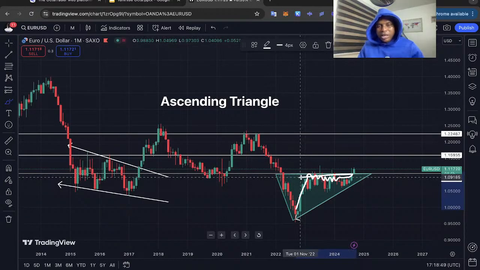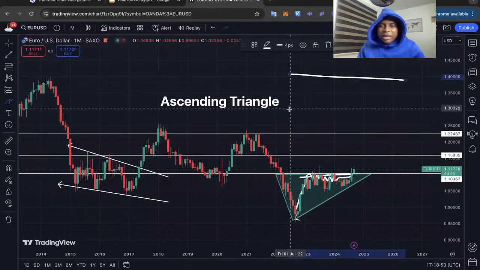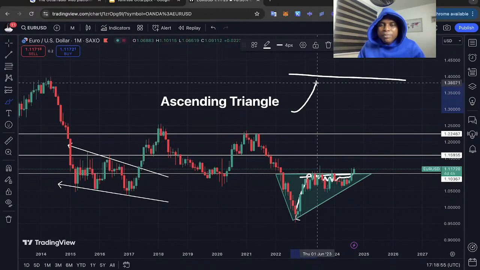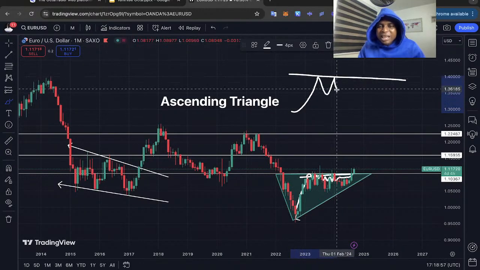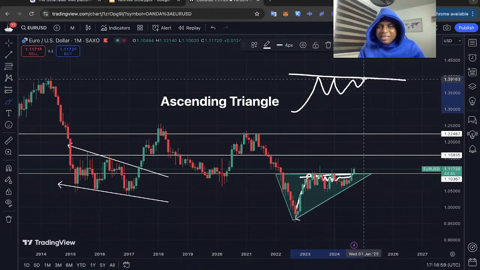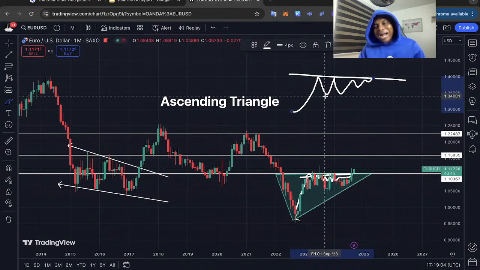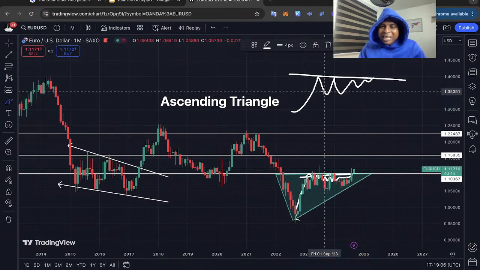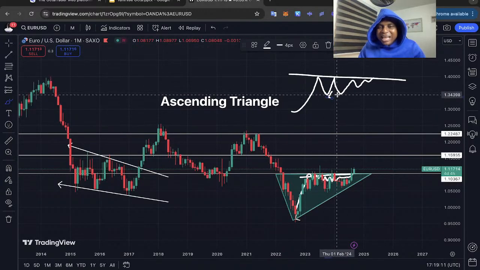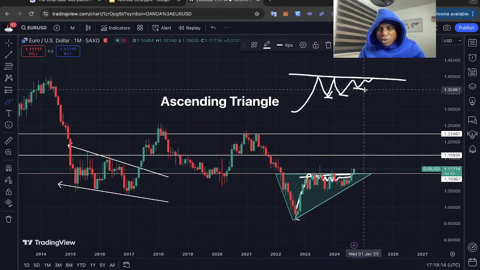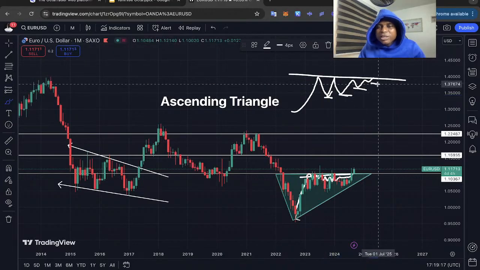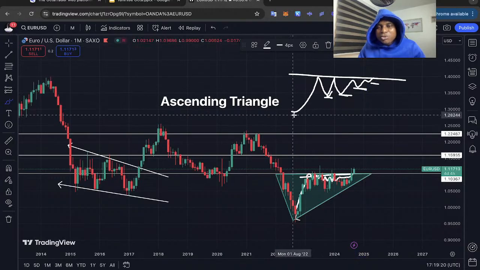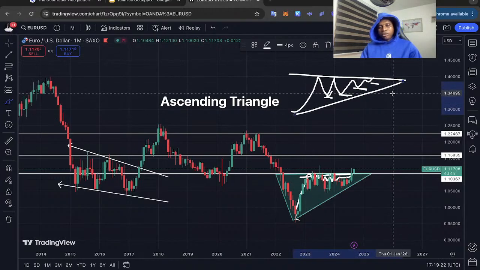When you see a chart pattern where the price keeps touching this level, and while touching the level and reversing back it is creating a higher low, which means this low here is higher than the previous low, and this low here is higher than the previous low, and this low here is higher than the previous low, that is when you can call it an ascending triangle.